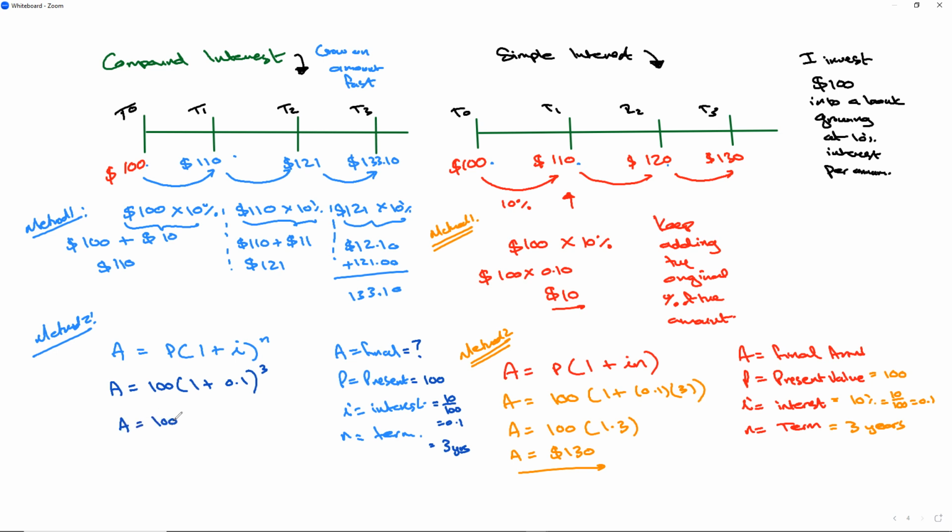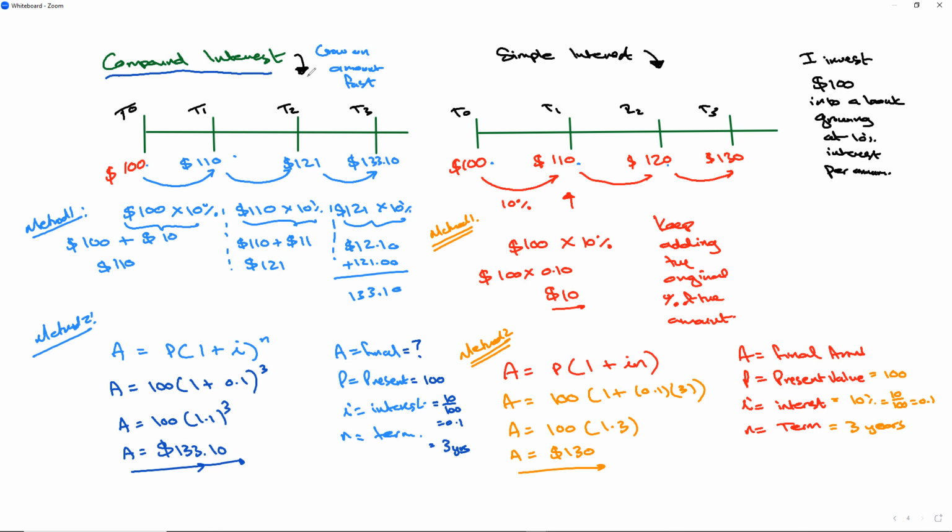And so that comes to 100 times 1.1 to the power of 3. We put that on a calculator. And that'll come to, let's check if it's right, 1.1 to the power of 3, $133.10. So you could calculate how much the amount would grow to in 10 years' time by simply changing the 3 into a 10, for example.